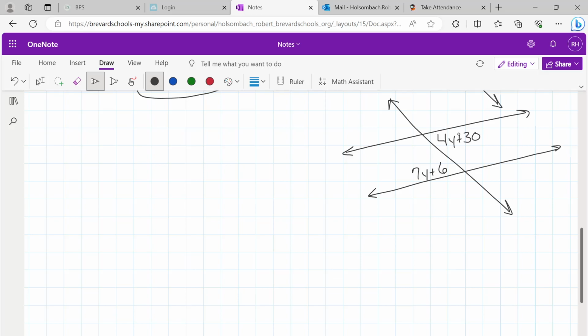Can anyone tell me their relationship? Alternate interior angles. Very good. What do you know about alternate interior angles? They're congruent when the two lines are parallel. So that means 7y plus 6 is equal to 4y plus 30.